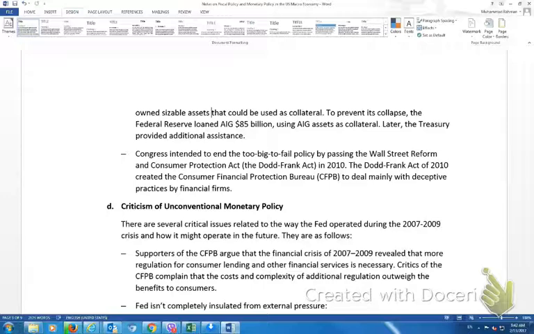Now, the government at that time also initiated some policy framework that might make it unnecessary for the Fed to intervene in the financial sector like the way they did in the 2007-2009 crisis.